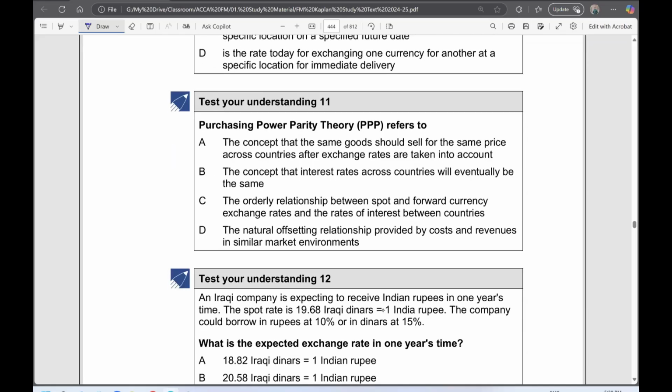Next. PPP theory: the concept that the same goods should sell for the same price across countries after exchange rates are taken into account. Yes, that's the definition, the law of one price. That's the simple meaning of purchasing power parity. Next.